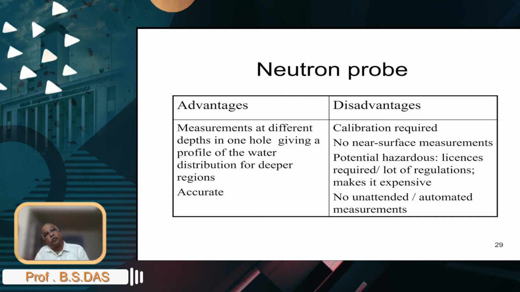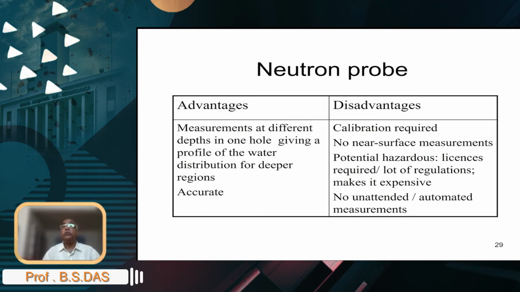The errors are in the order of less than 8% in accuracy. Well, that's still a large error, but it's admissible in an agricultural field application. Disadvantages are, of course, that you need calibration, and calibration at the same site multiple times. Sometimes people have used different calibration curves depending on the stage of a crop in a particular field, and that's pretty time consuming and cumbersome.